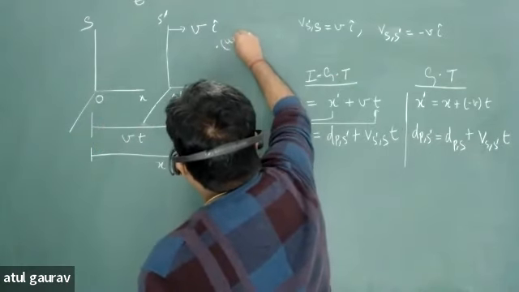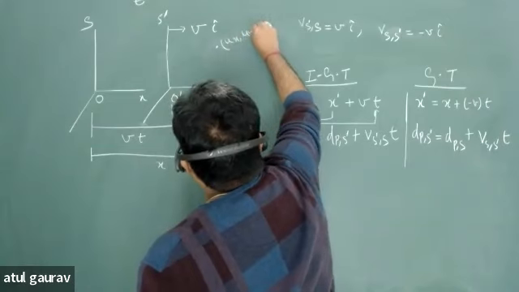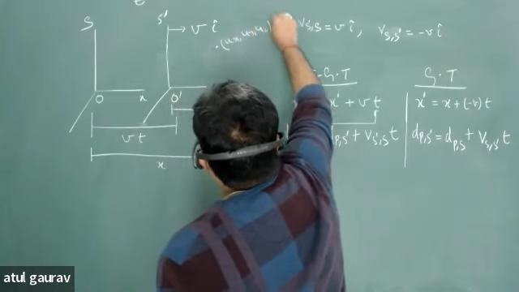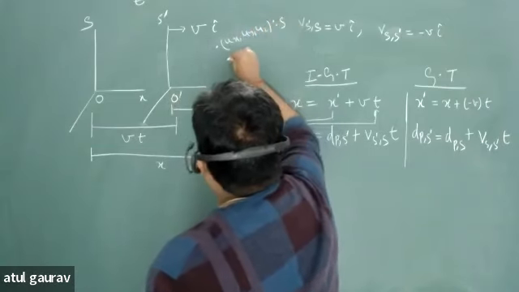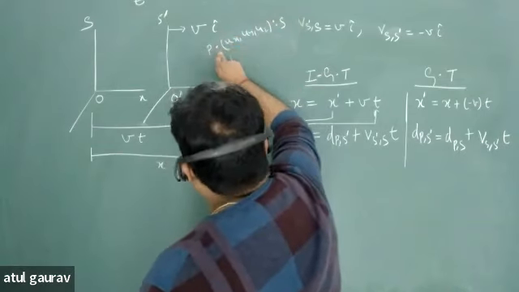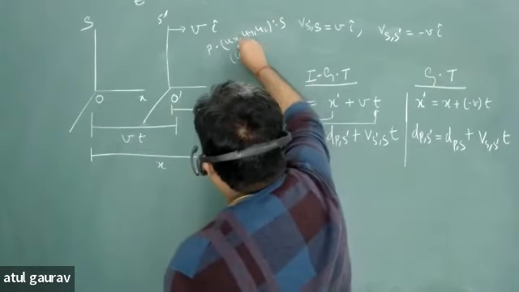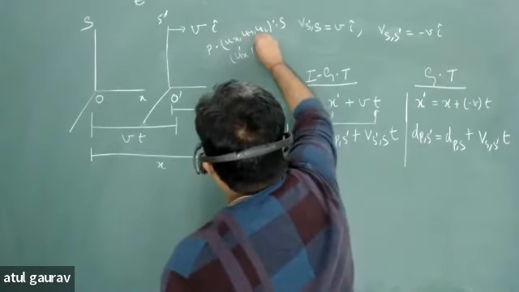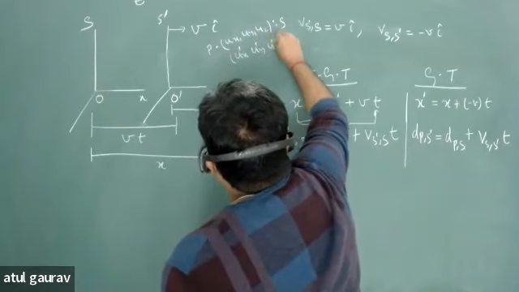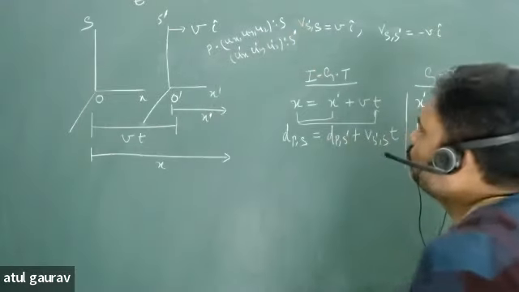So what is this point P? Let's say its velocity is ux, uy, uz with respect to S. Then the velocity of this point with respect to origin O dash is ux dash, uy dash, uz dash with respect to the S dash frame.